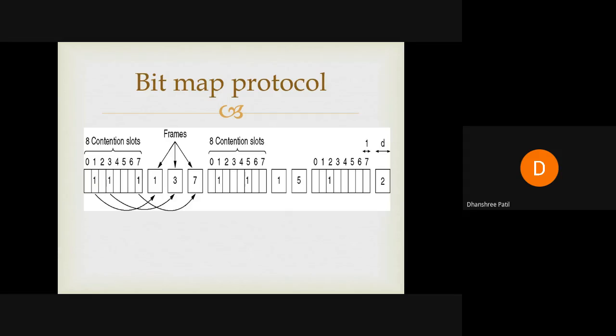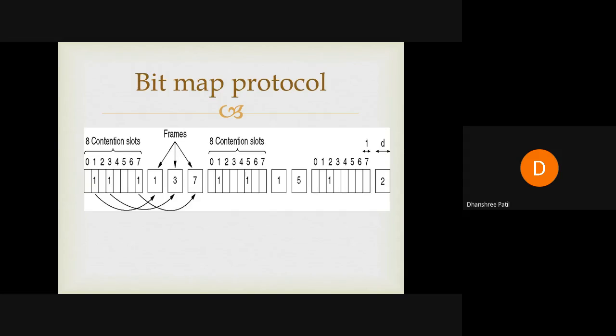So it has to wait for its own turn. Then only station 2 can send the frame. Once all the stations complete their slots, the frames are transmitted in numerical order. As no one is interfering with any other station's frame, there is no collision during the transmission of the frame.